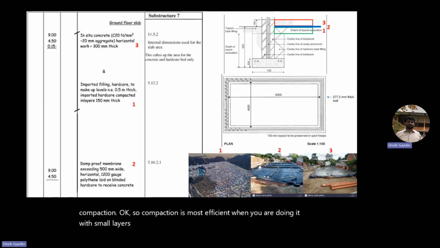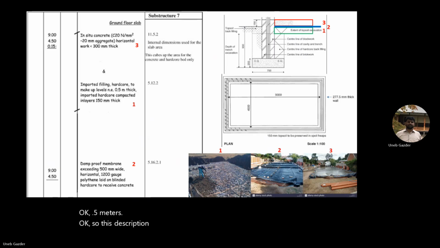So this is it. And the last thing which you very smartly skipped was this one: 0.5 meters. This description applies to filling which does not exceed 0.5 meters total.